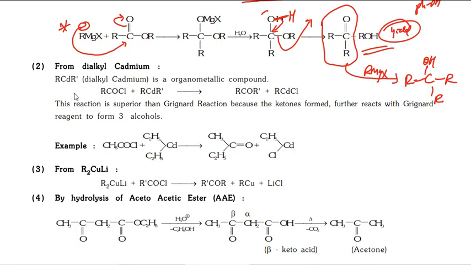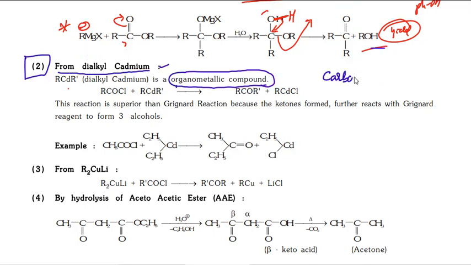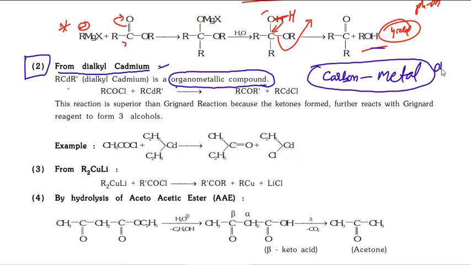First of all, this dialkyl cadmium is an organometallic compound. What is an organometallic compound? If carbon is connected with a metal, those compounds are called organometallic compounds, OMC. Example, methyl magnesium bromide.